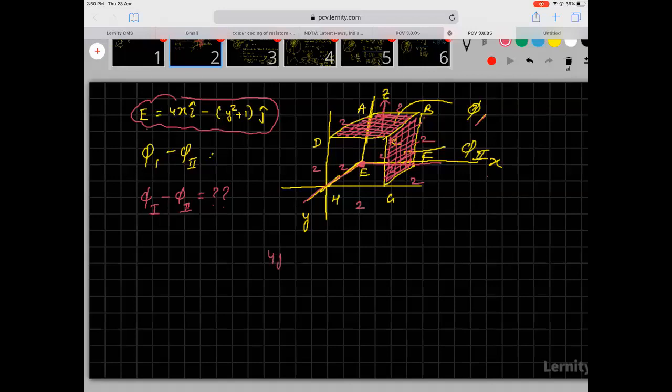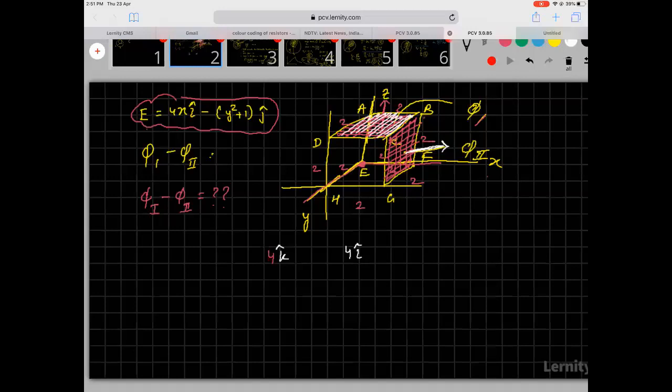And can I say it will be 4 k cap? Now for this wall, this is the area vector. So that will be another 4. And what will be that vector? That vector will be i cap.